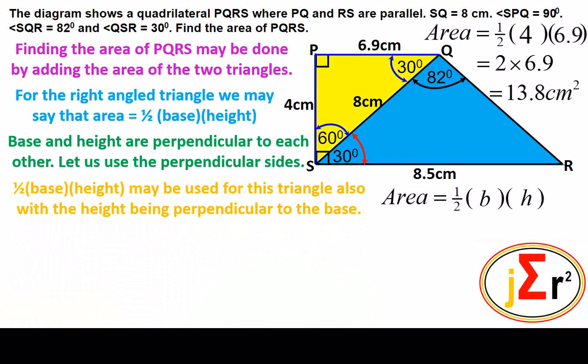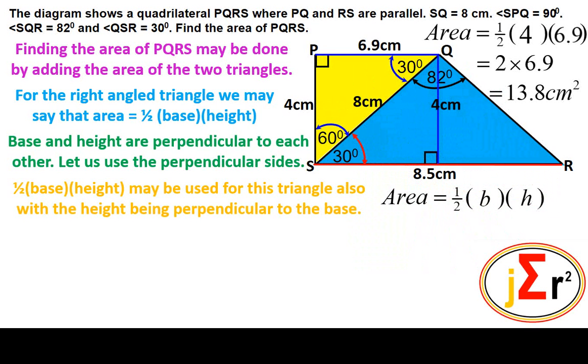Half base times height may be used for this triangle also, with the height being perpendicular to the base. We may proceed. We are going to show that we have our height which is perpendicular to the base. We are choosing 8.5 centimeters as the base on this occasion.